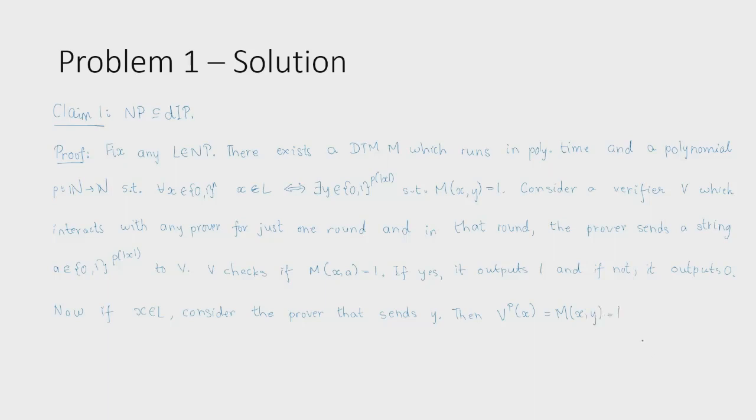And this is 1. So is this fine? And over here, there is no probability because V is a deterministic machine, right? We are working with DIP, not IP.